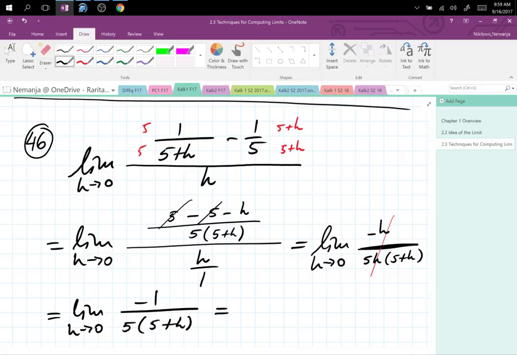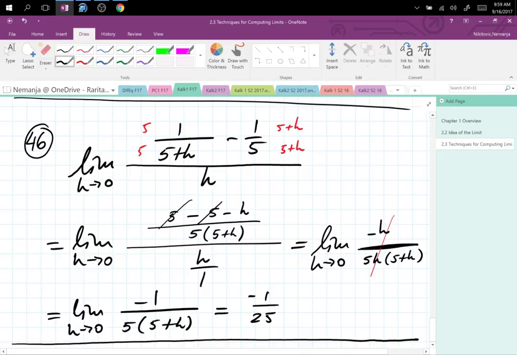And that is, with h at 0, minus 1 over 25. So the sorcery we employ here was the common denominator. Get the common denominator, work out the numerator, deal with the double fraction.